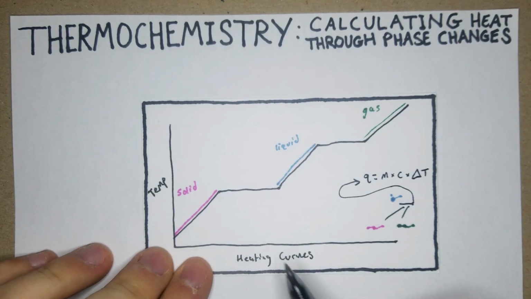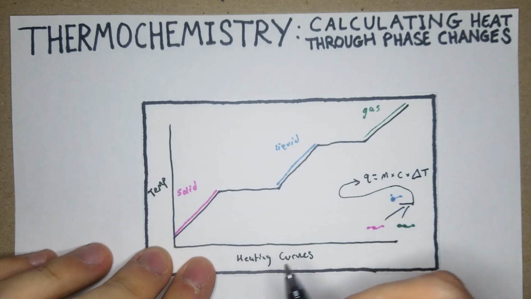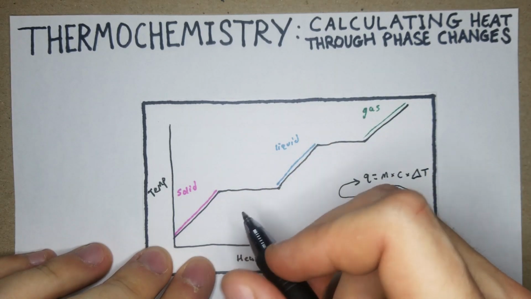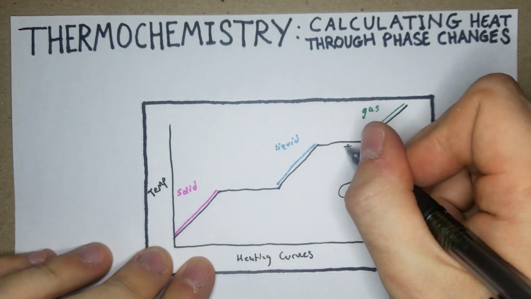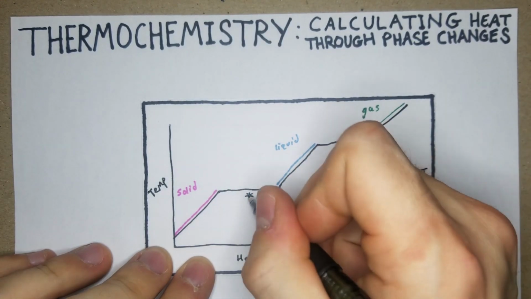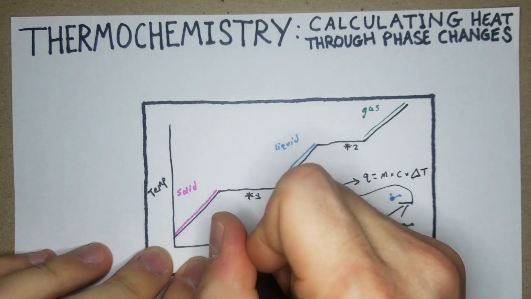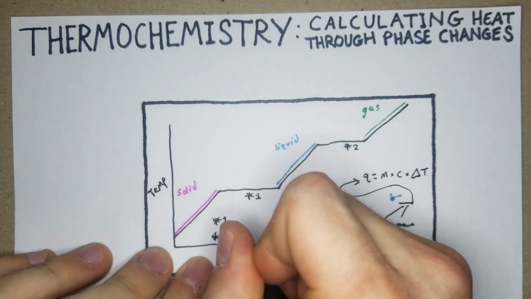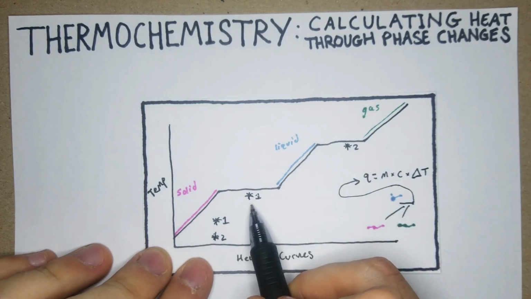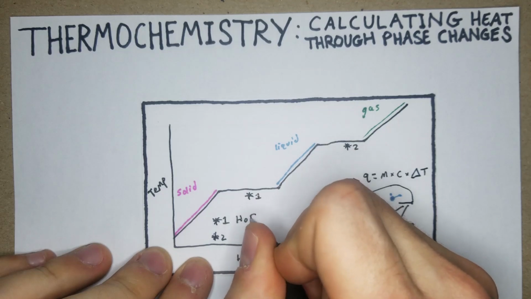And then for any of the flatter lines, the plateau lines, we'll just put asterisks on them. They're each going to be different, so asterisk 1, asterisk 2. In this one here, we're going to use the heat of fusion.